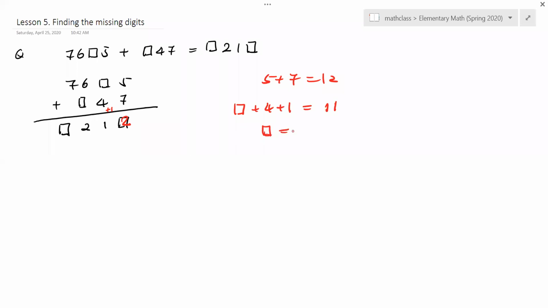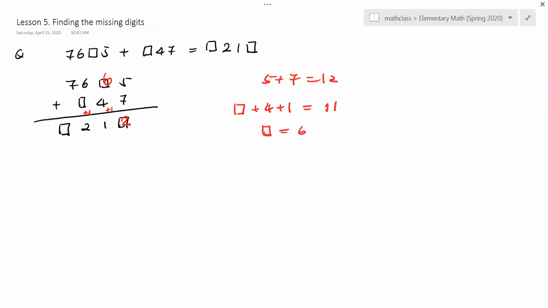So every time you are solving an equation, that number is going to be 6. Once you get 6, then 6 plus 4 plus 1 is 11, so you move 1 to the front. Step by step, you can figure out the details.